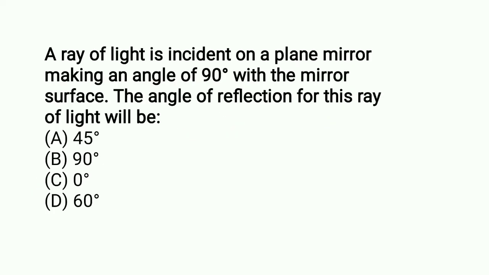Next question. A ray of light is incident on a plane mirror making an angle of 90 degrees with the mirror surface. The angle of reflection for this ray of light will be, so what is the angle of reflection? Here we have option A 45 degrees, option B 90 degrees, option C 0 degrees, and option D 60 degrees.